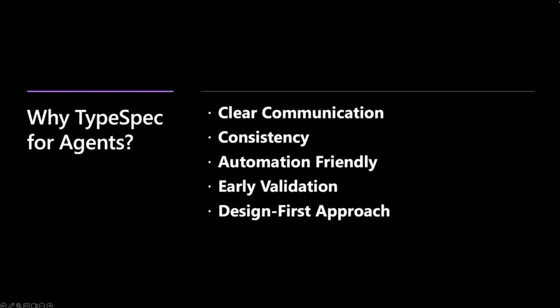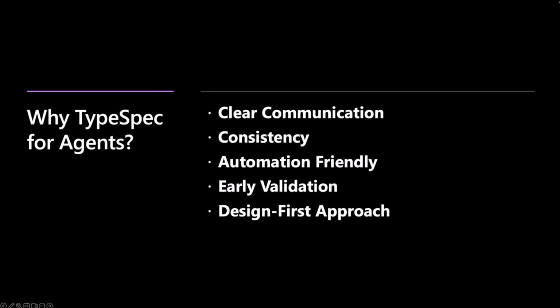So, if anyone in this room loves TypeScript over JavaScript, it enforces structure in your front-end and back-end code. That's what TypeScript does. So if you love that, you love TypeSpec, which enforces structure in your agents and its API services like actions. Now, it fits perfectly if you are a design-first person. You want to design everything and then go ahead and work on your agent.